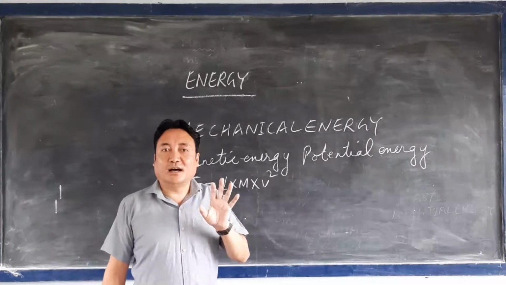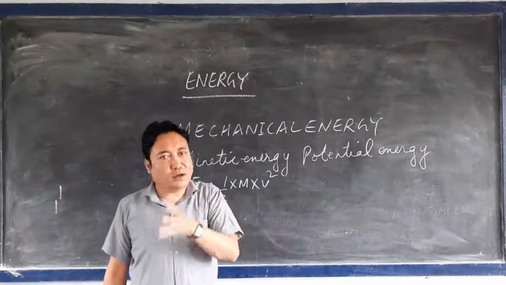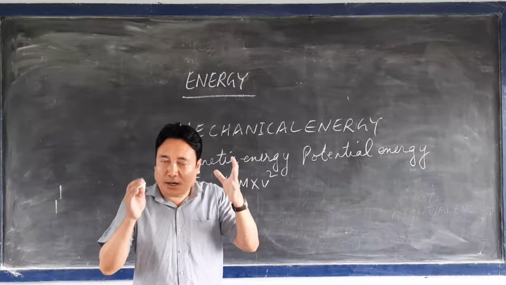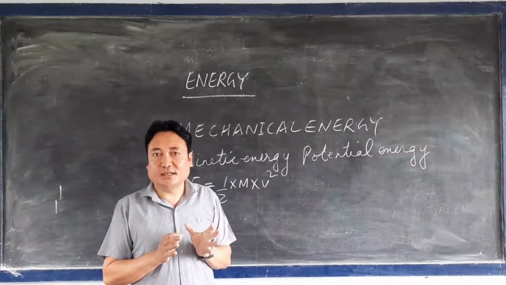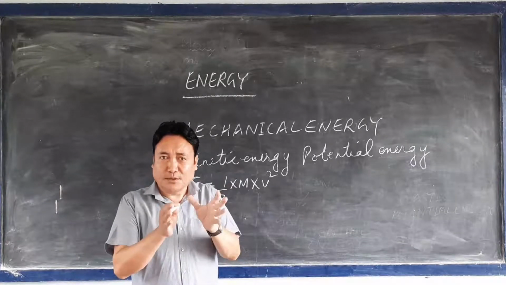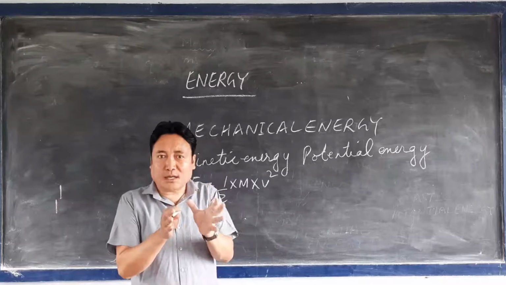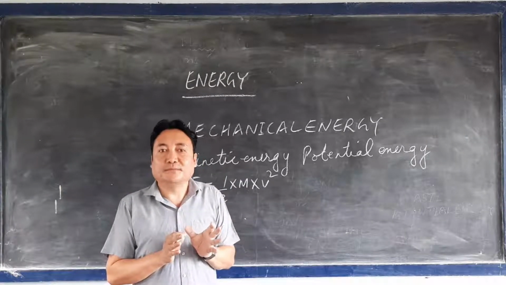Like, suppose stored water in a dam. Flowing water possesses kinetic energy, but when the water is stored in a dam to generate electricity, since the water is stored, the water is not doing work. The water is only stored, and that stored water also possesses energy, and that energy is potential energy.